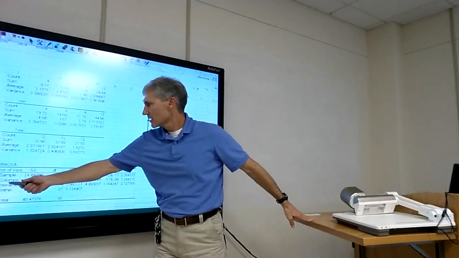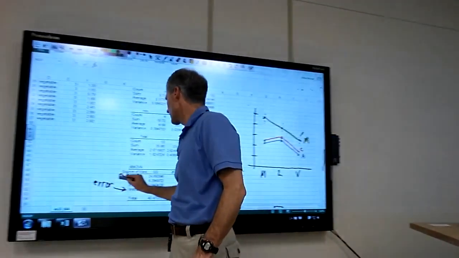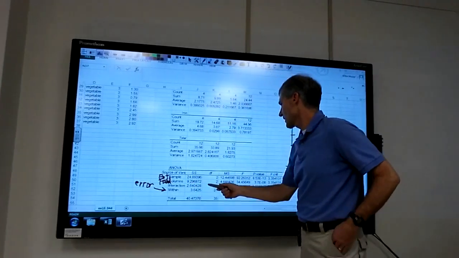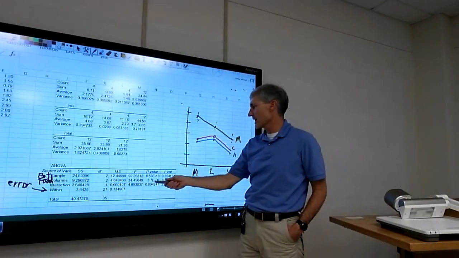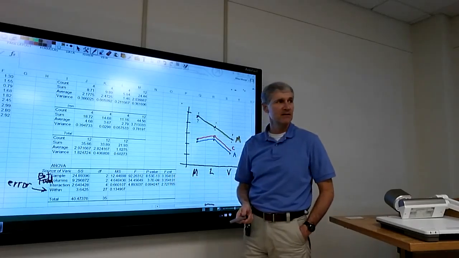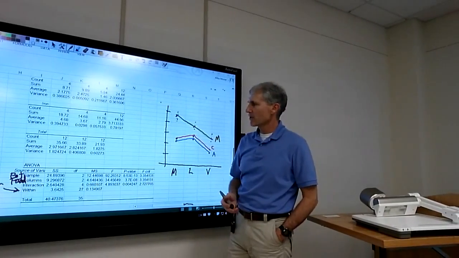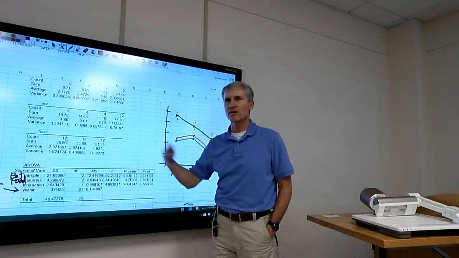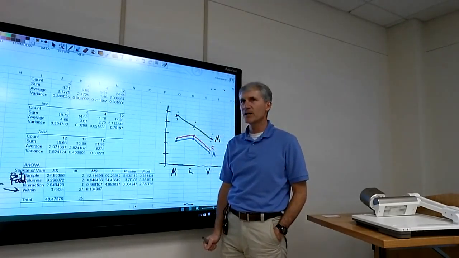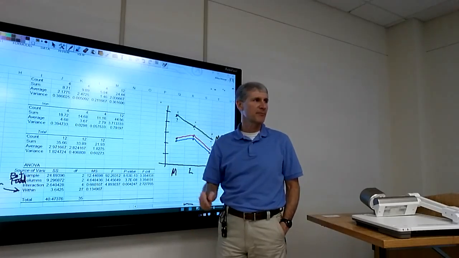So then, columns is the type of food, and that is also highly significant. 3.7 times 10 to the minus 8. So there's a very big difference in foods in their iron content, even when cooked in the same type of pot.